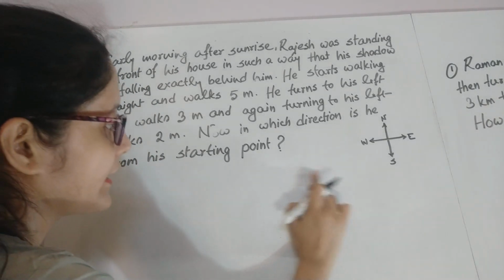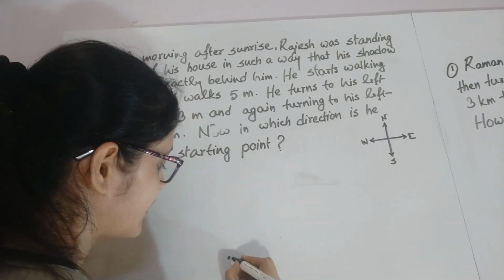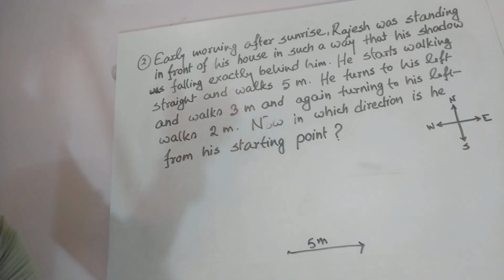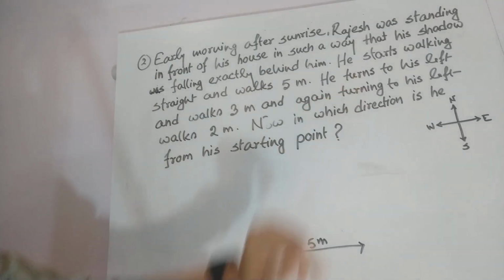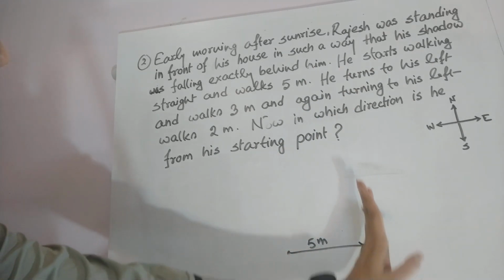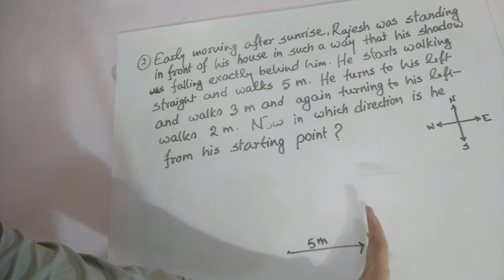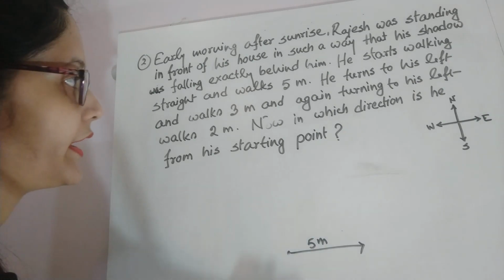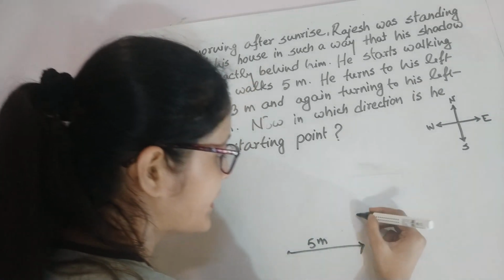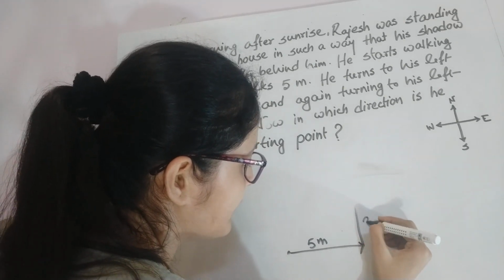Let's start the diagram from here. Then he turns towards his left. He is facing in this direction, so he turns his left means he will start walking in this direction, and walks 3 meter. From here he walks 3 meter.